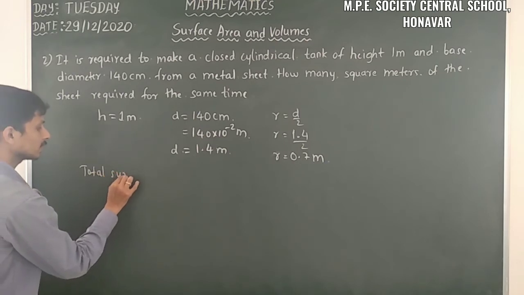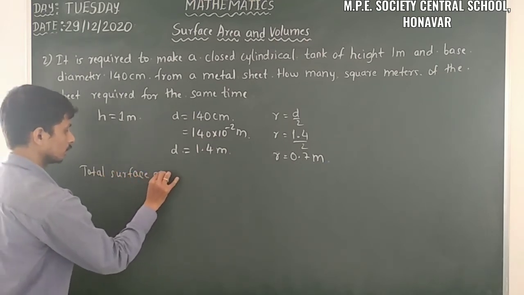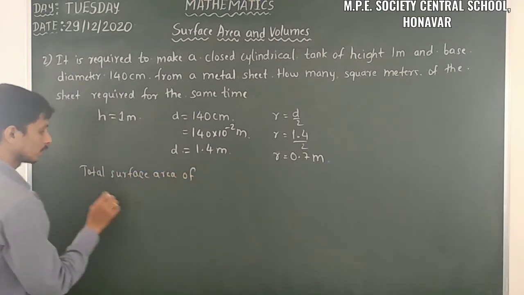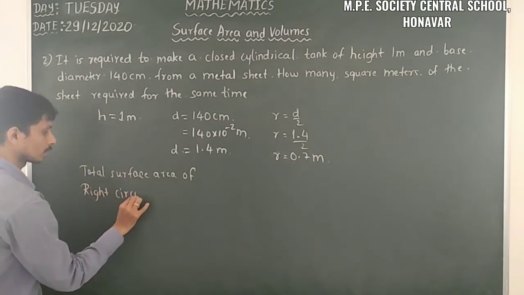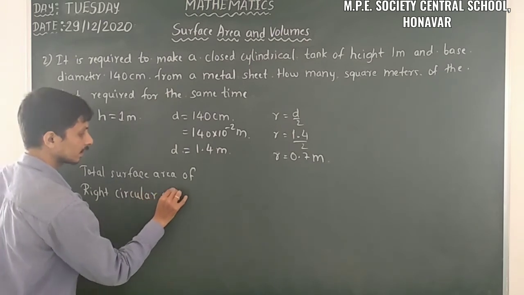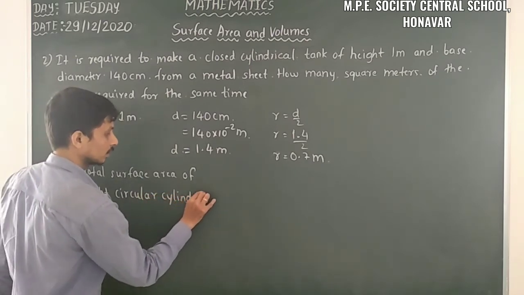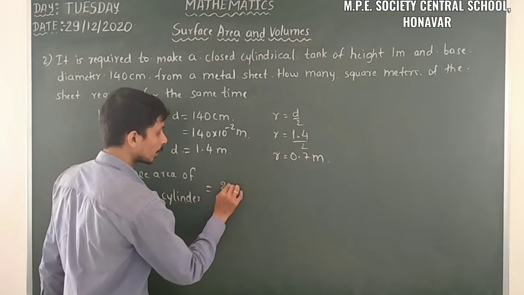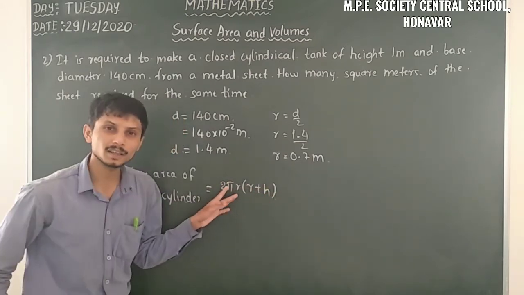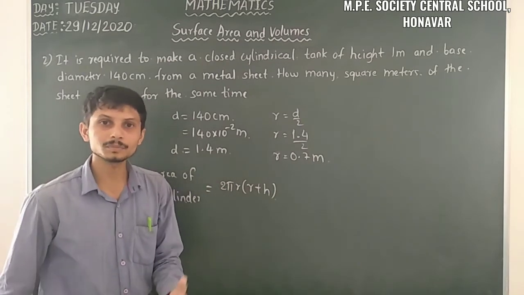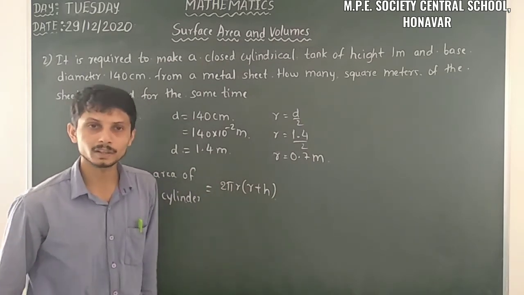Total surface area of right circular cylinder is equal to 2 pi r into r plus h. What is the value of pi here? In this exercise problem, you can take the value of pi as 22 by 7, no problem.